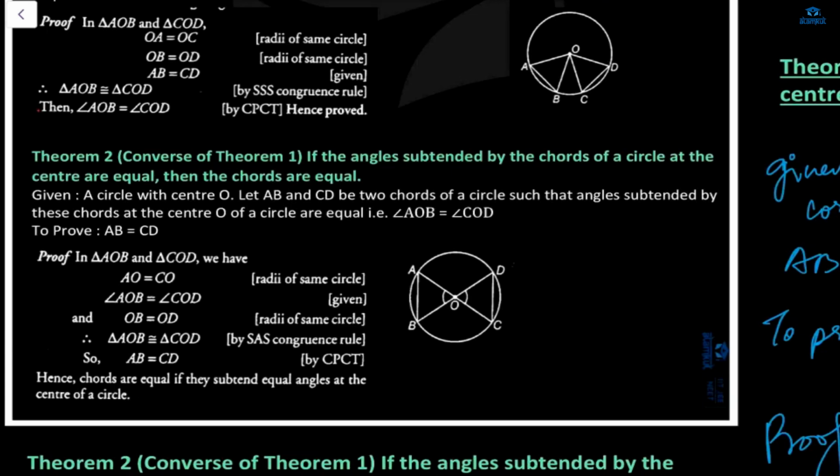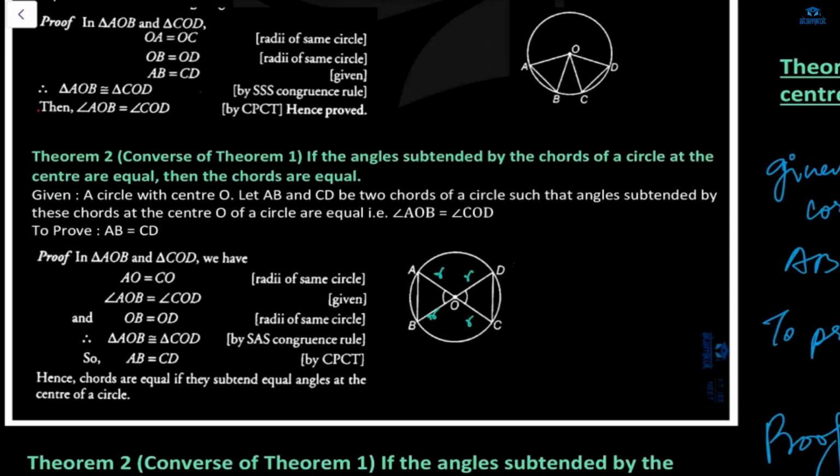In these two triangles, you see AO, OB, OC, OD, all these are radii of the circle. Yes or no? Yes, ma'am. So AO will be equal to CO and BO will be equal to DO, because they are radii of the circle.